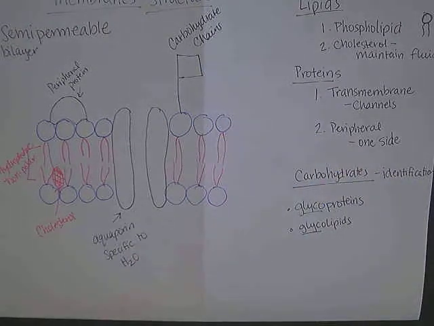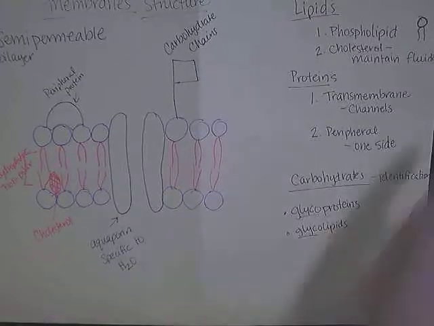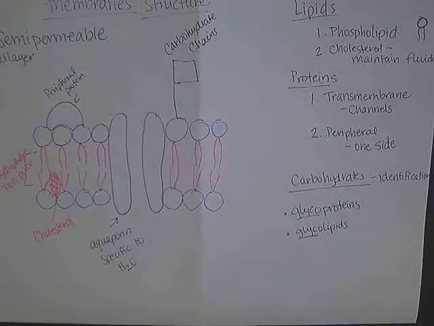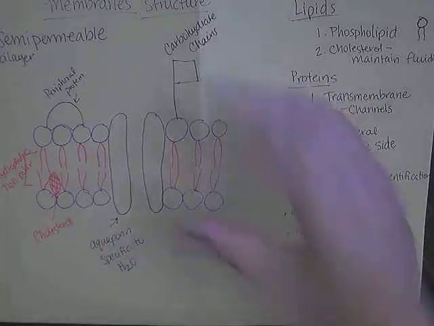So to recap, the macromolecules that make up the plasma membrane, or what we call the components of the plasma membrane, contribute to the structure and the function of that plasma membrane.